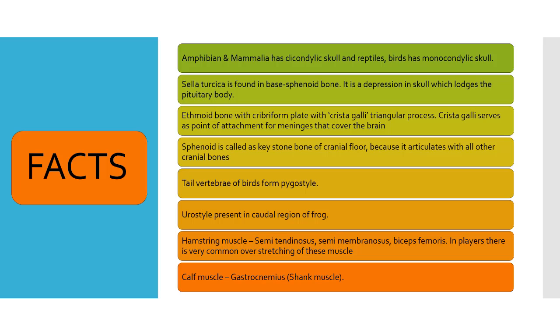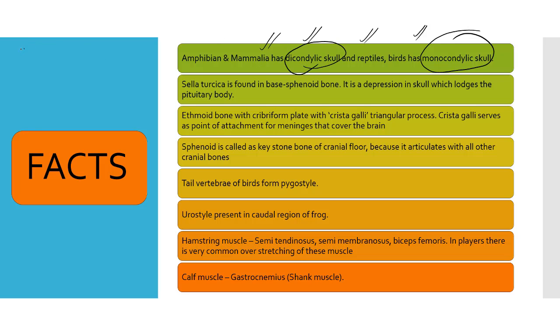Now there are some important facts you have to remember. Amphibians and mammalia have dicondylic skull, and reptiles and birds have monocondylic skull. Amphibians and mammals have dicondylic skull, very important.